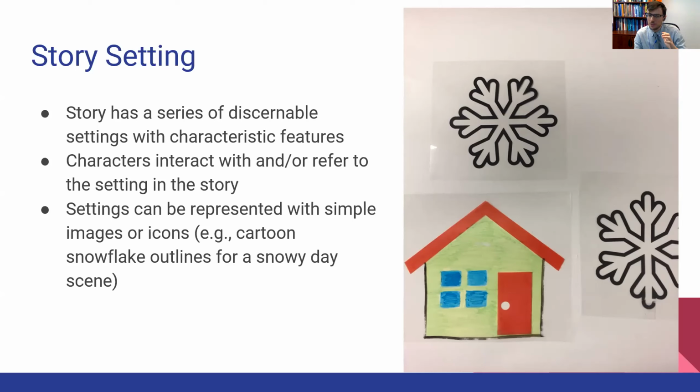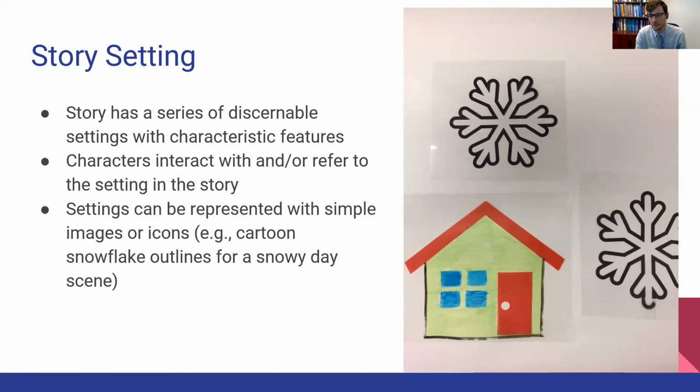I also, in terms of setting, would select stories where the characters are interacting with or referring to the setting, so that you're not introducing elements onto the light box that are just there for decoration or for staging, that they have some importance to the story. And setting elements can be represented by simple images or icons, and are probably best represented through simple images and icons.